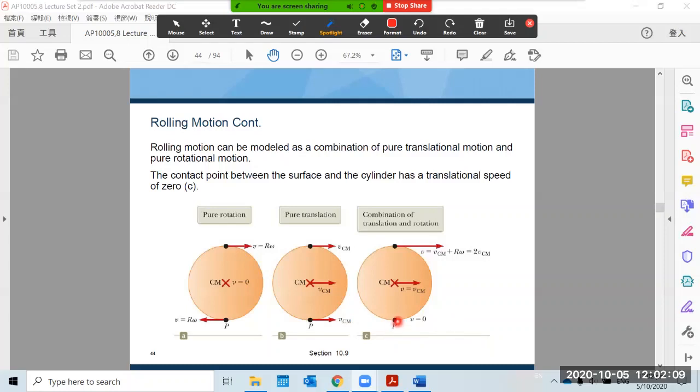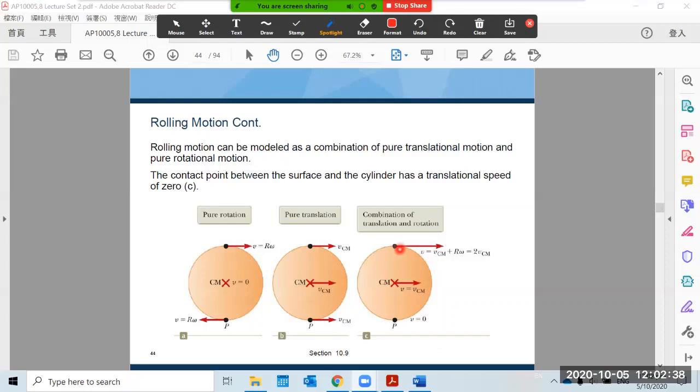So at the point of contact, the relative motion between the cylinder surface and the ground would be 0. It is just the surface of the cylinder in contact with the ground that has a relative speed of 0. The center of mass still is moving with a velocity v(cm).